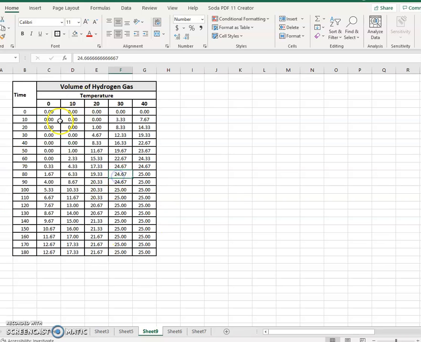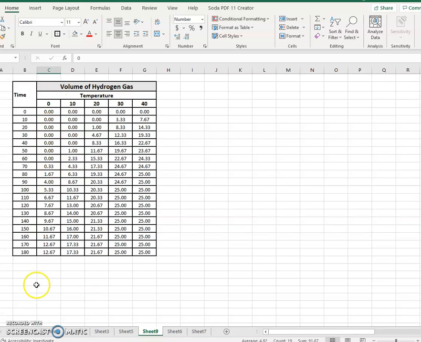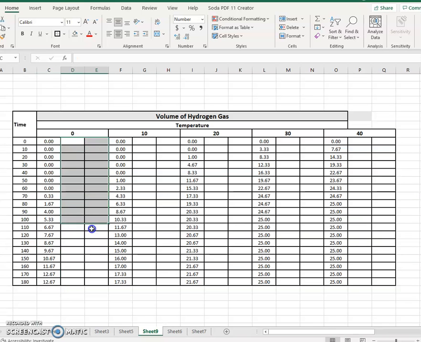I've already done this, so if I come down here, you want to expand it out. It looks like this. Under the 0 degrees, I've got my mean values that I started with at the top here, and then I've added 2 more columns. Same thing for the 10, 20, 30, and 40, and I've kept everything else the same. I've just filtered this.